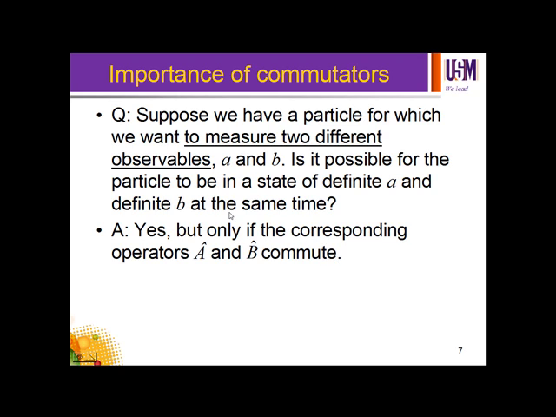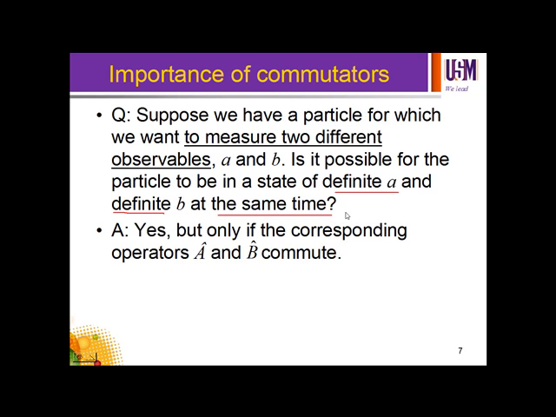What is the importance of commutators? Suppose we have a particle for which we want to measure two different observables, A and B, with small a and small b as eigenvalues. Is it possible for a particle to be in a state of definite a and definite b at the same time? That's the question.